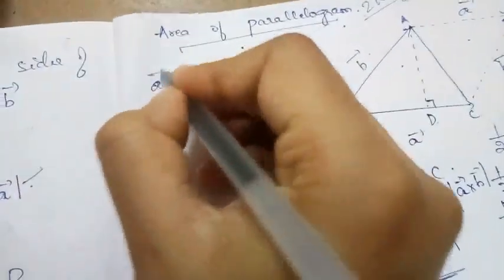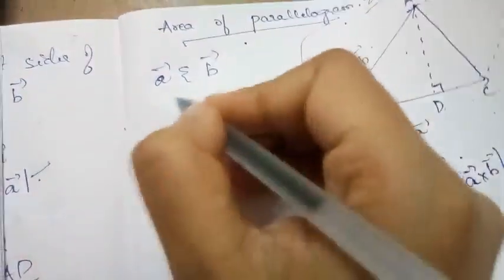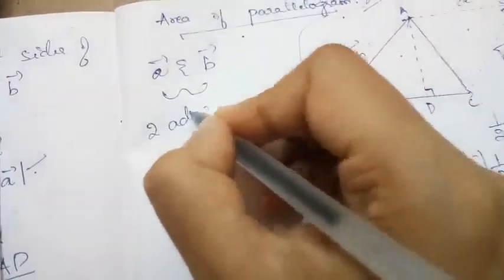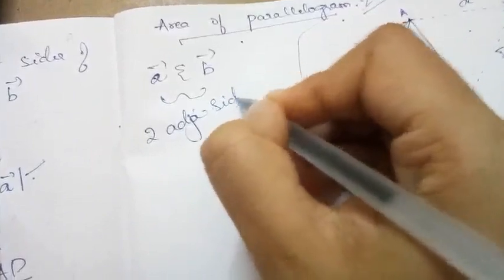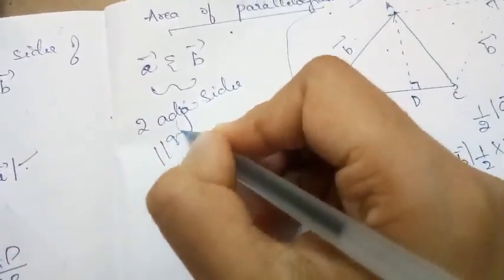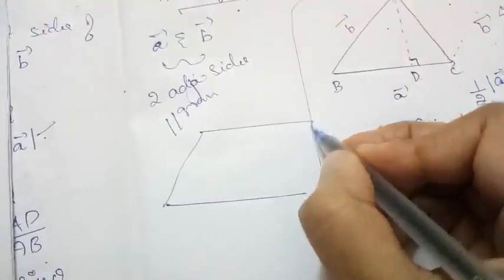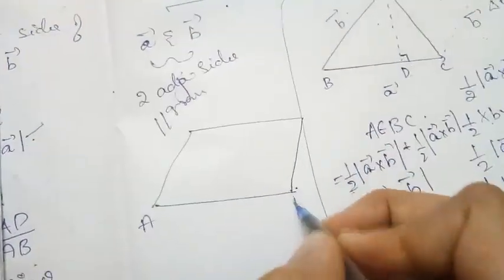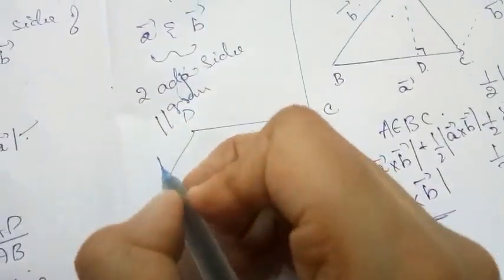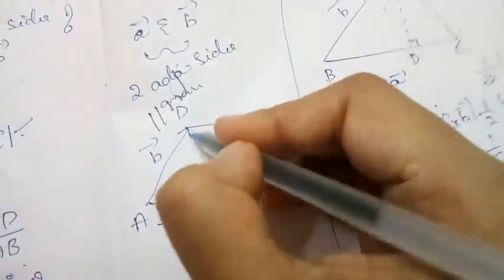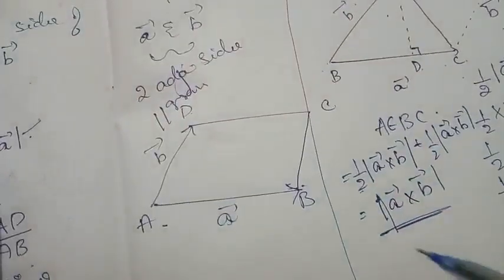Suppose vector A and vector B represent two adjacent sides of the parallelogram. Suppose I consider this as a parallelogram ABCD, and this represents vector A and this represents vector B, where AB and AD are the two adjacent sides of the parallelogram.